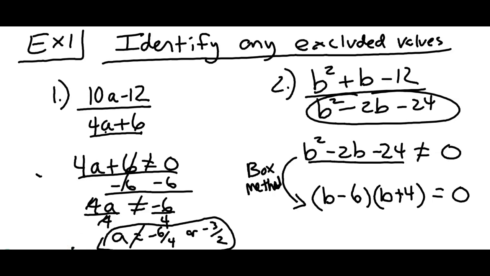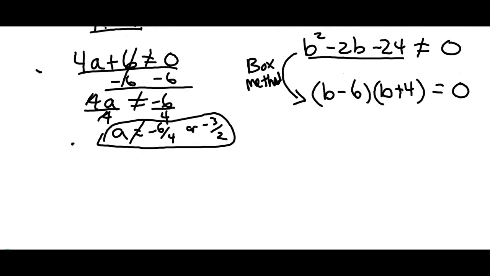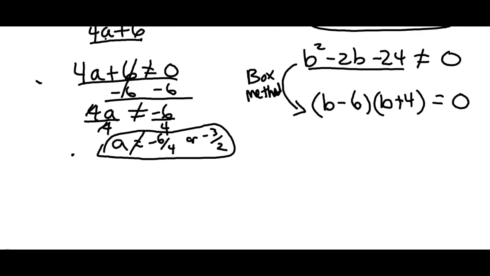And then what we do is we set each piece equal to 0, right? So we're going to do B minus 6 can't equal 0, and neither can B plus 4.